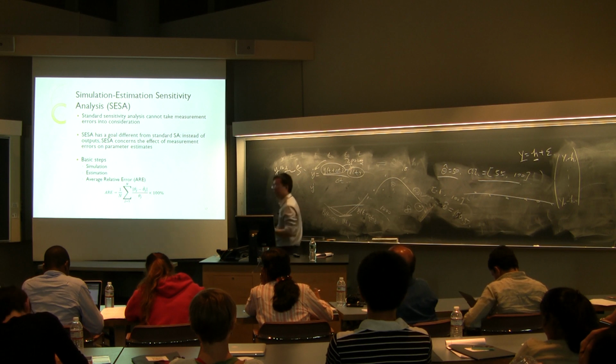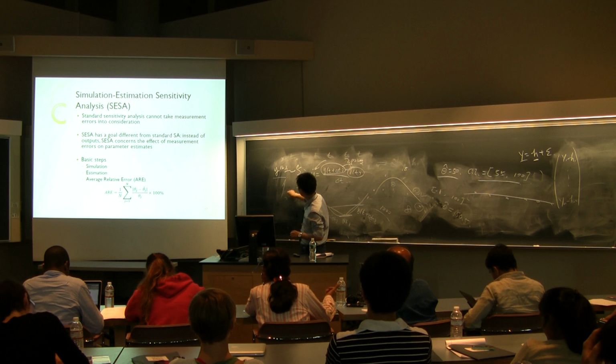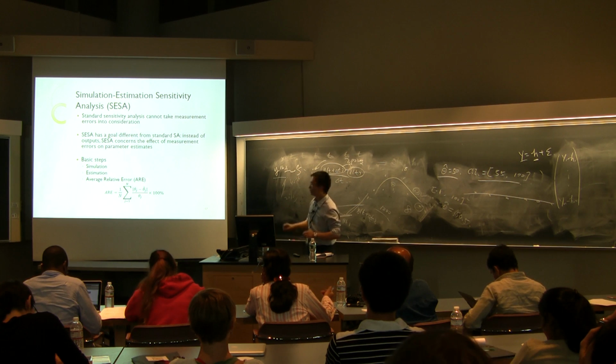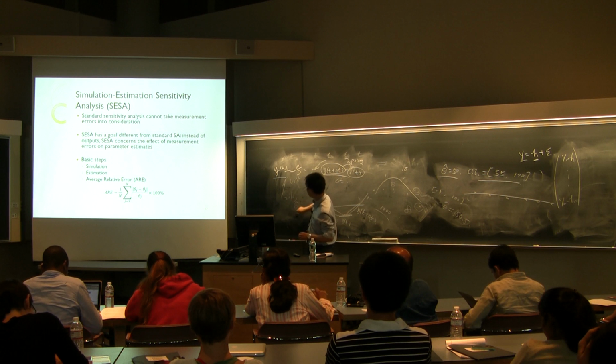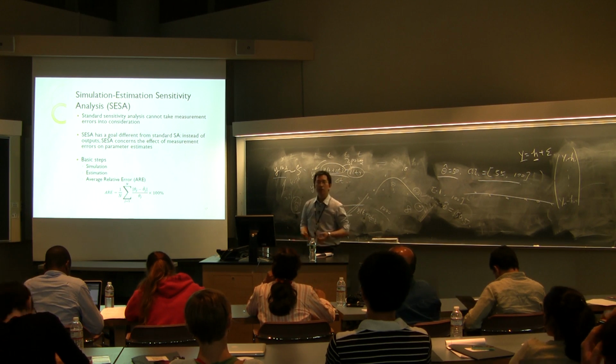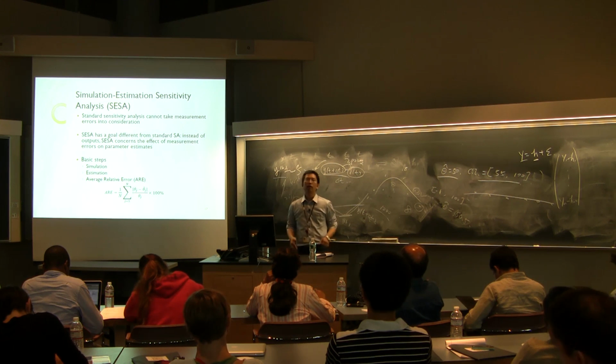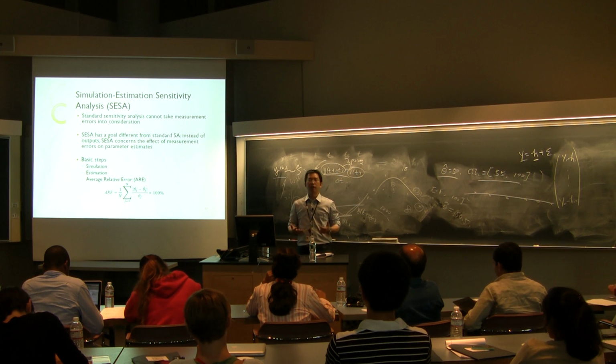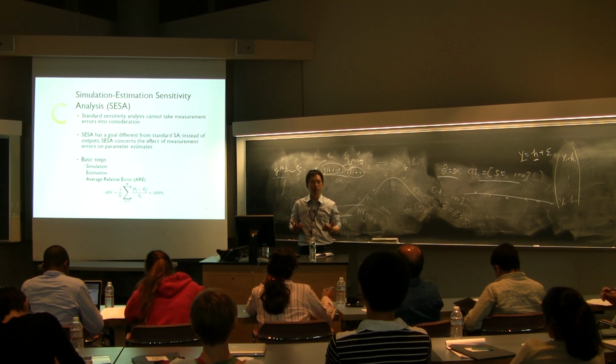So if I increase the measurement error from, for example, 20% of the mean to 40% of the mean, what will be the change in the estimate? That's this kind of question. So I can tell you should at least control your measurement error under 30% of the mean. Then that makes sense, right?